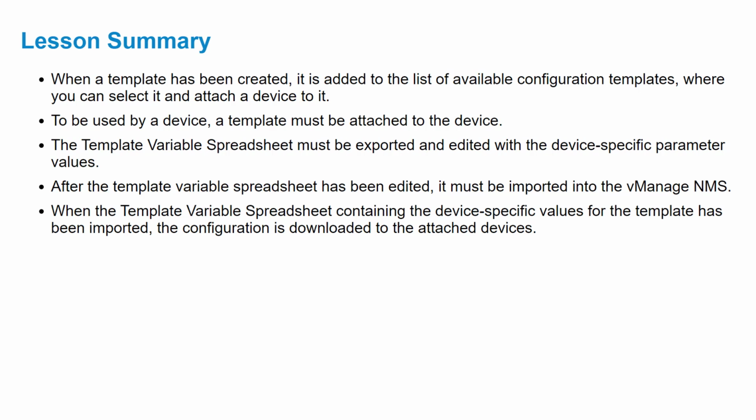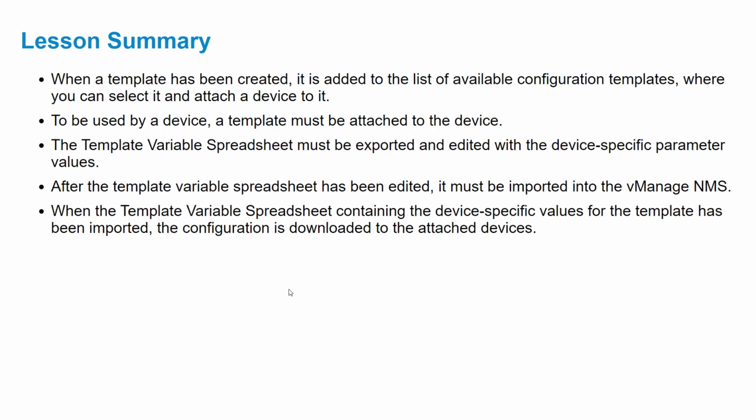All right, so we talked about how when a template has been created, it's added to the list of available configuration templates, where we can then select it and attach it to a device. To be used by a device, the template has to be attached to a device. One thing I want to repeat one more time: we can only attach one device template per device. We're not allowed to attach multiple device templates, so we have to make sure that the appropriate feature templates are applied to the device template configuration in order to ensure that the device gets its appropriate configuration.